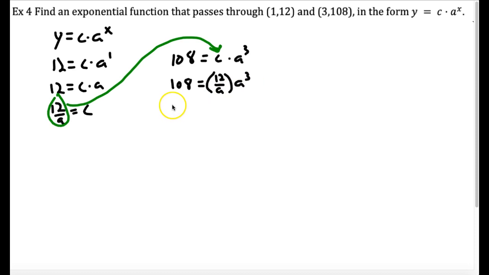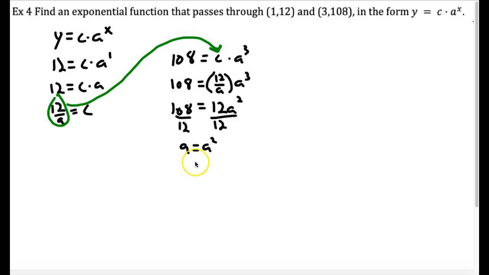And I'm just going to solve for a now. So 108 equals 12 over a times a to the third. Well, a to the third over a to the first would be a to the second. Then I can divide both sides by 12. And that'll be 9.